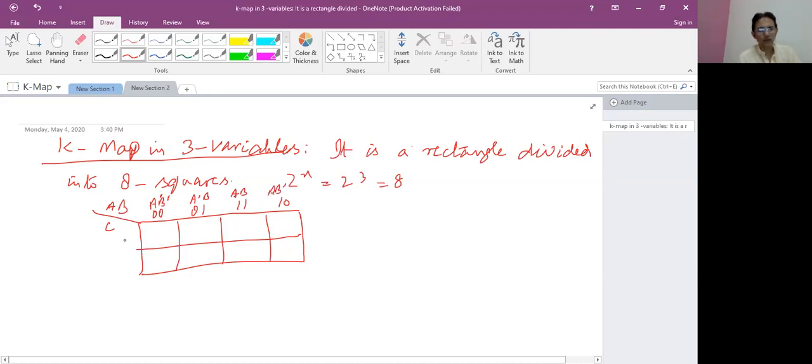Now when we consider C, 0 means C complement and 1 is C.